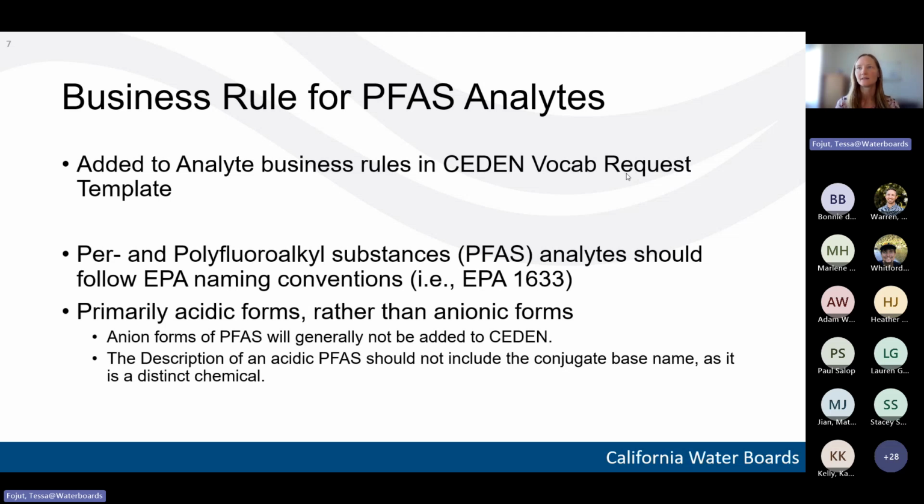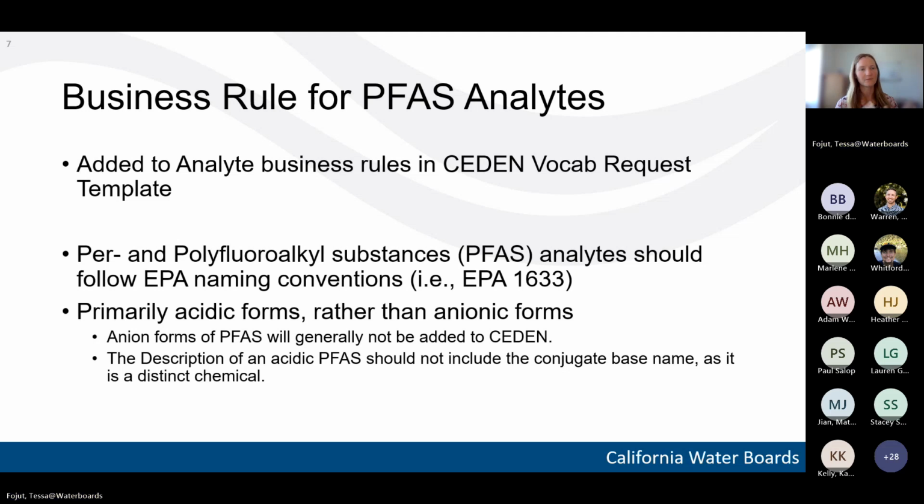So we did add an analyte business rule to the vocabulary request template specifically for PFAS analytes. Most of the PFAS analytes we used to have in CEDEN were the anionic forms, and we decided to get in line with the more widely used EPA method conventions, which are the acidic forms.